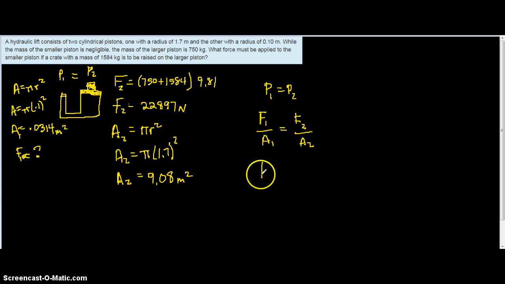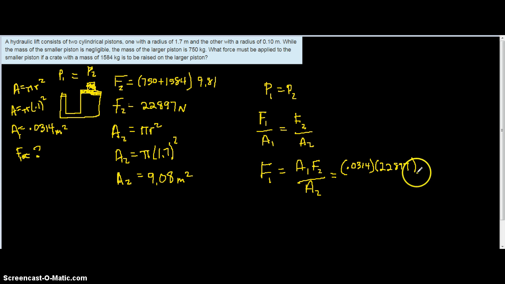So we need to solve for F1, which we cross multiply by the area 1, because that's what we need to do. If you don't like it, plug in numbers and do the same thing, but the process is unchanged.